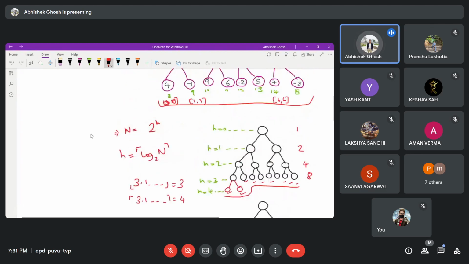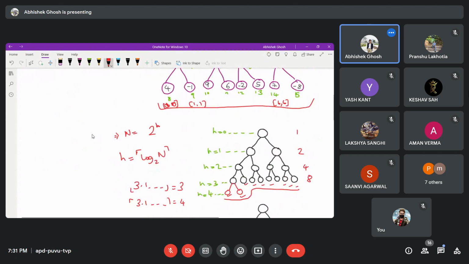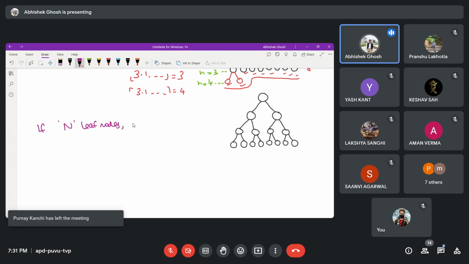Now what is the number of nodes that we are using? This is a binary tree concept only. If there are n elements, n leaf nodes, then there are n minus 1 internal nodes, or rather non-leaf nodes.